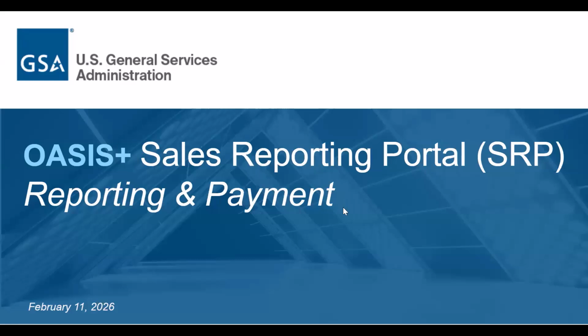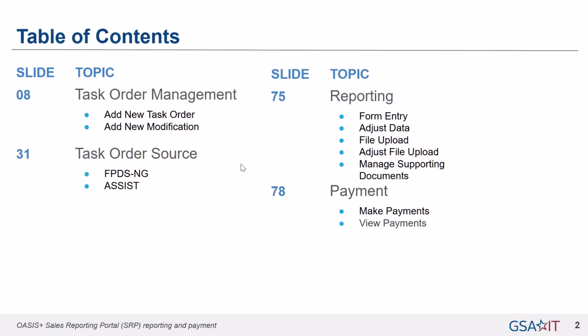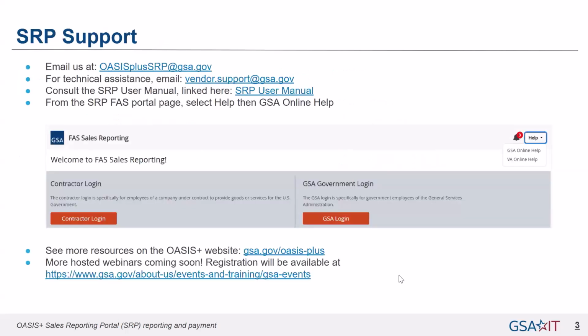Okay, so let's go through the table of contents. Again, just repeating what I said before, these are the topics that we'll be covering. And this is the resources page. OASIS Plus SRP at gsa.gov is definitely the email that you want to send questions about OASIS Plus to.